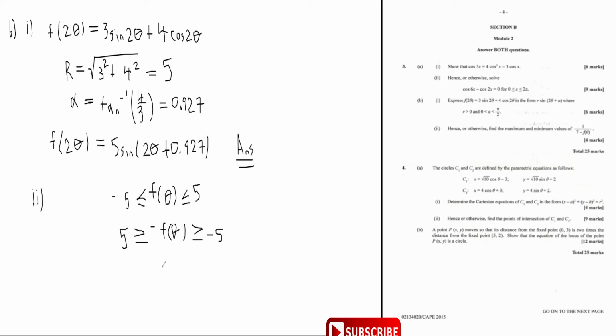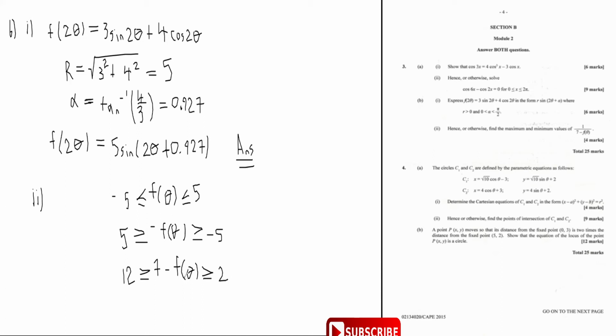Then we add 7 to both sides to say that 7 minus f of theta will be bounded between 7 plus 5, which is 12, and 7 plus minus 5, which is 2.